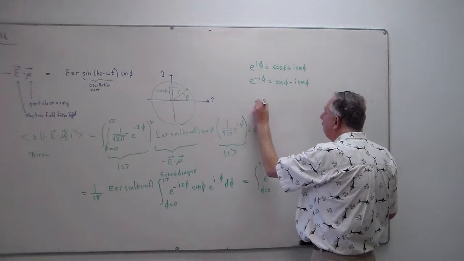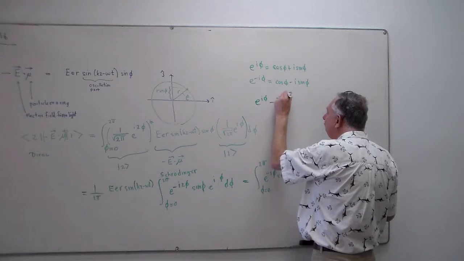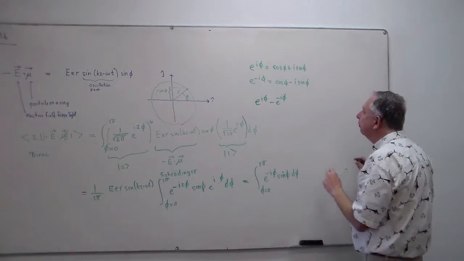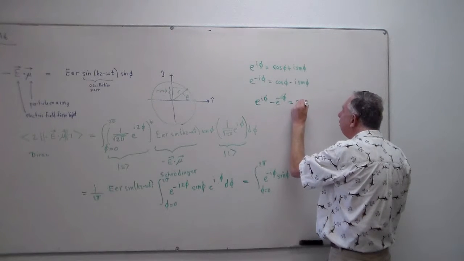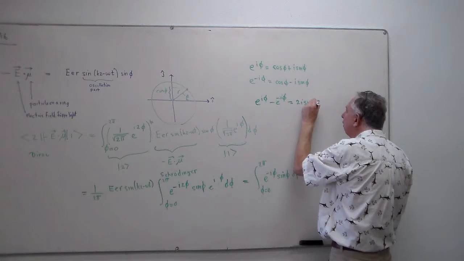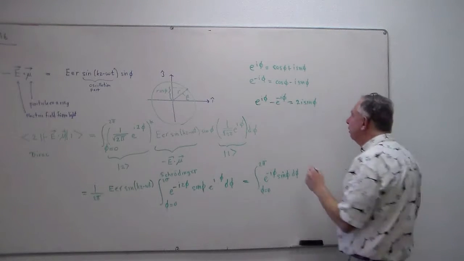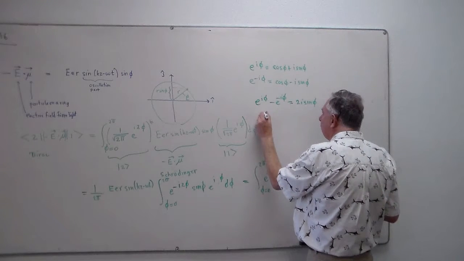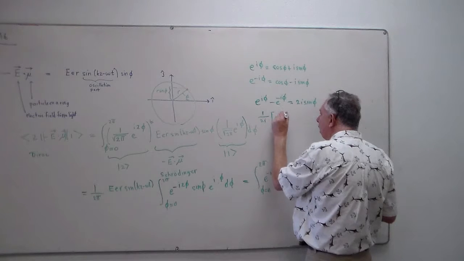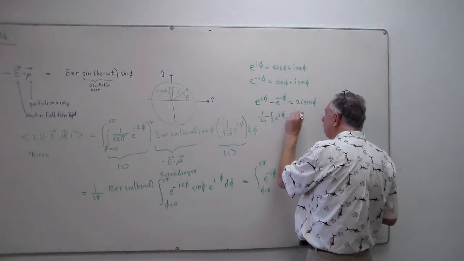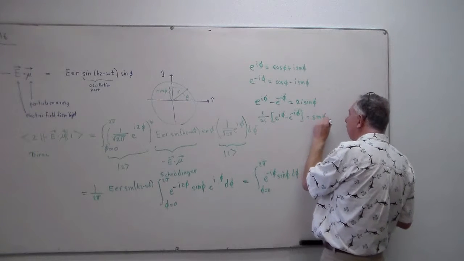So if I do e to the I phi minus e to the minus I phi, the two cosines cancel out, and I'll get 2I sine phi. And therefore, 1 over 2I times e to the I phi minus e to the minus I phi equals sine phi.